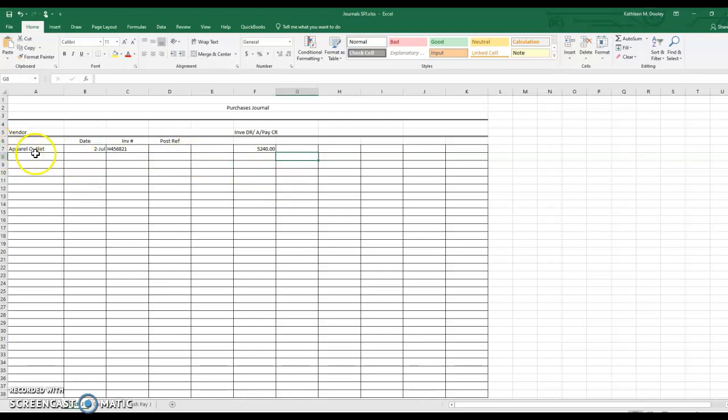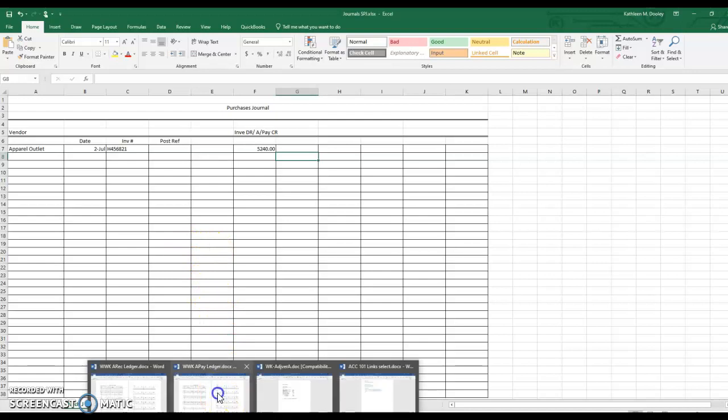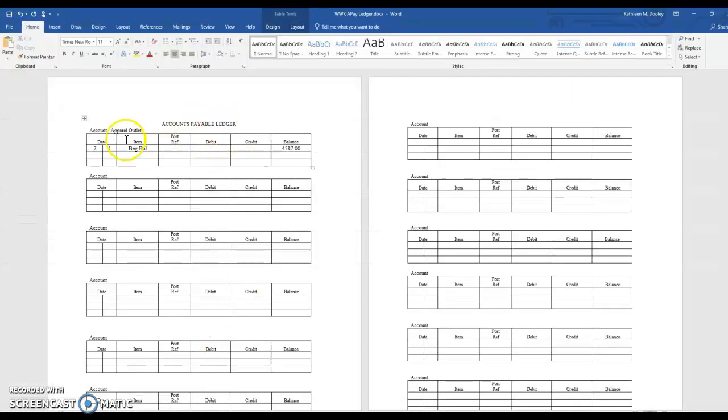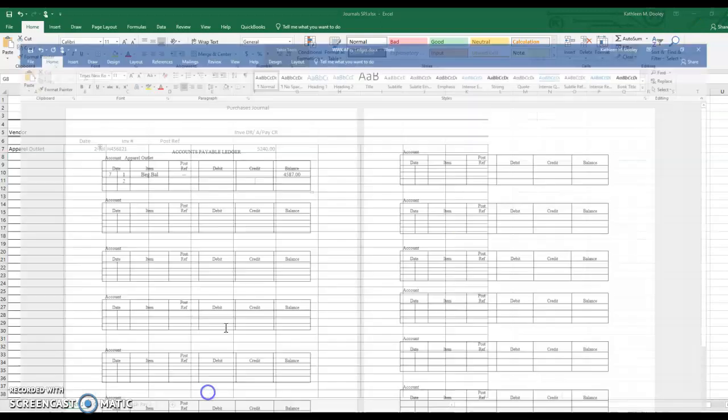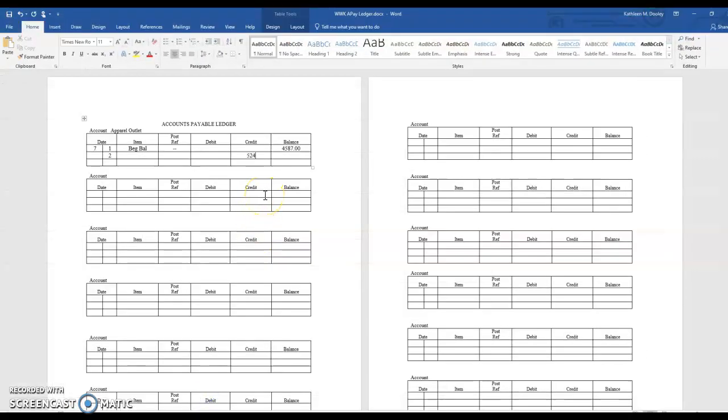Okay, so we do have a vendor here, so we're going to have to post this into the accounts payable subsidiary ledger. So we go to the accounts payable ledger. Here's our Apparel Outlet. They're already set up with their beginning balance. Now the date is 2nd, and we have a credit amount of $52.40.